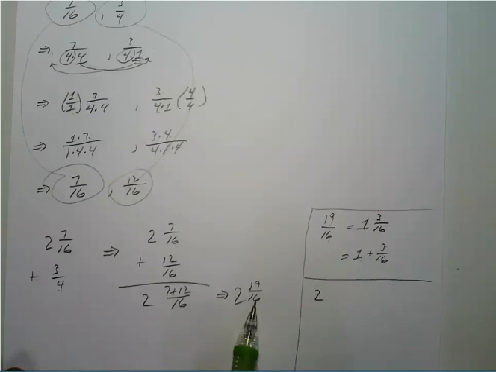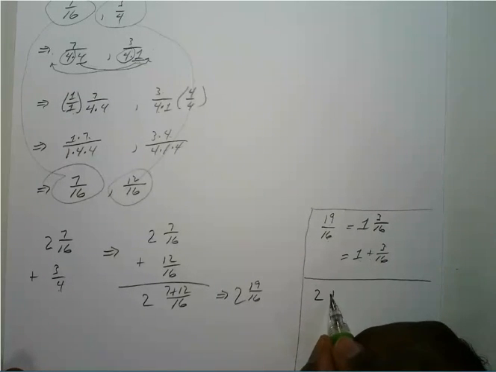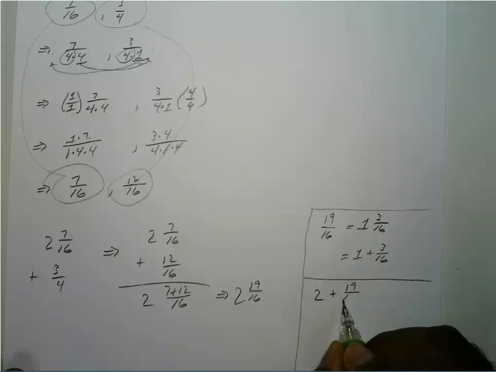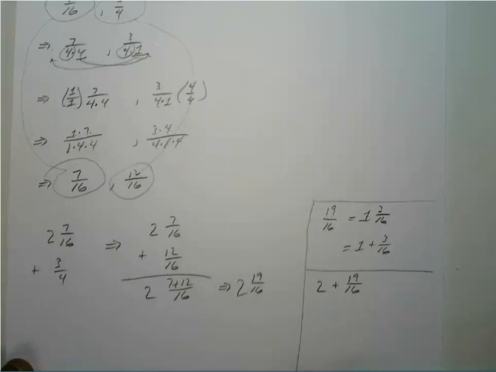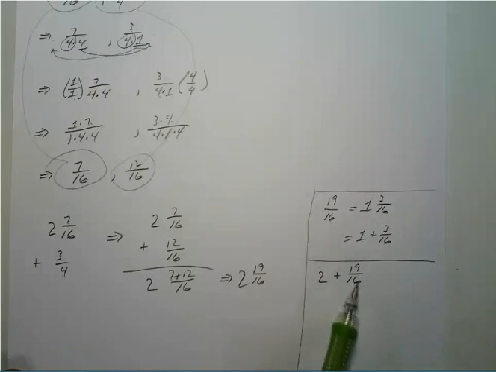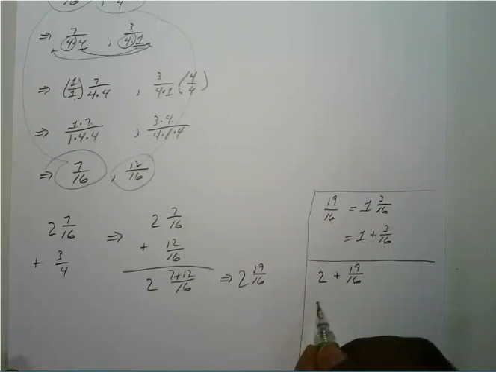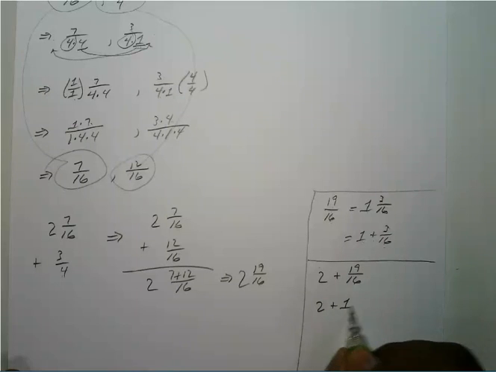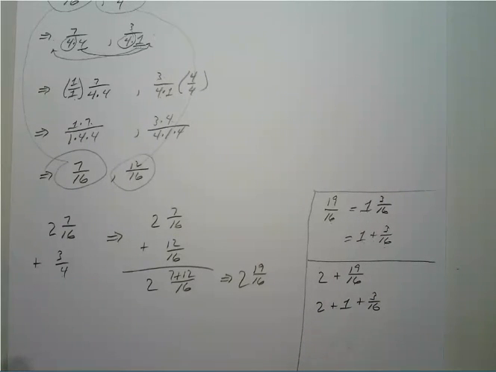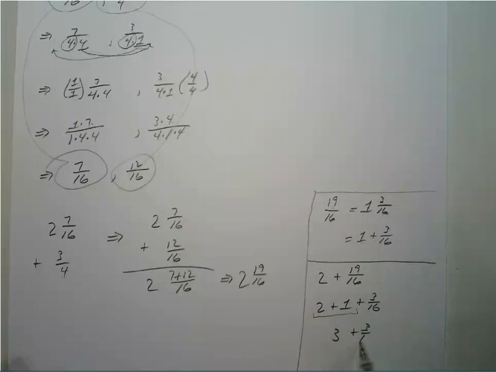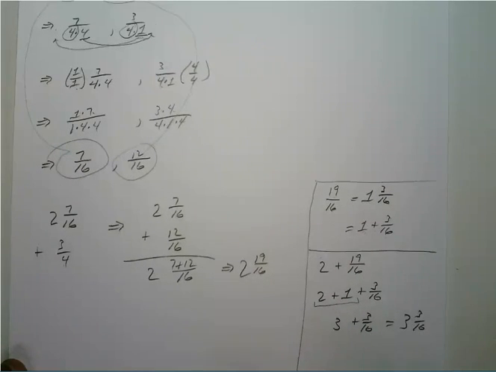2 19/16 is just 2 plus 19/16. And what is 19/16? That's just 1 plus 3/16. So that's 2 plus 1 plus 3/16. So if we add our whole numbers, that's just 3 plus 3/16, which is 3 3/16.